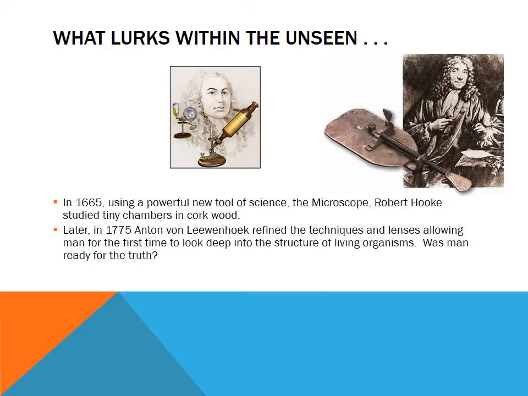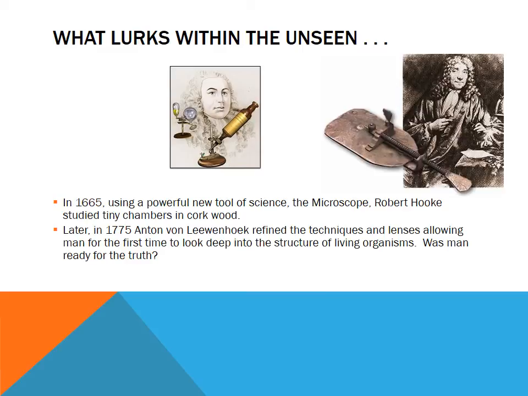Cork is wood. So he looked at this cork, and it's dead wood, bark. And he noticed that it was a whole bunch of squares, a bunch of rectangles lined up next to each other. And he said, those look like the cells of monasteries where monks live. So he started referring to these as cells, and the term has stuck ever since.